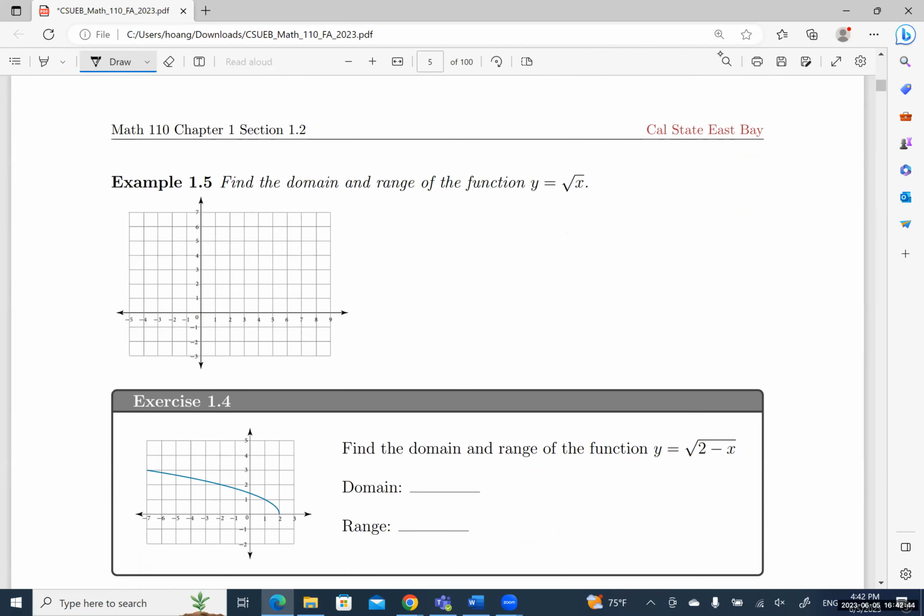Okay, so we're going to try to find the domain and range of the function y equals square root of x.